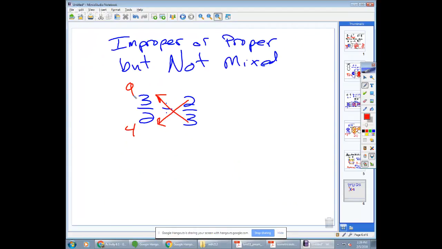So this is called the arrow algorithm for dividing fractions. And that's more often taught than it used to be. You'll see that come up in books these days.